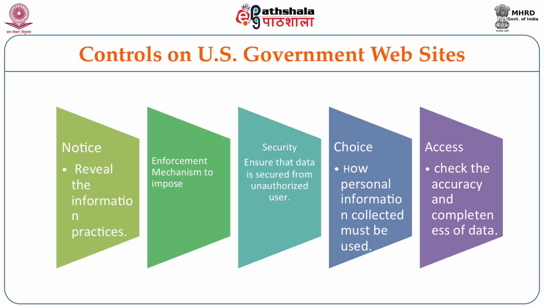Access says consumers can always check the accuracy and completeness of the data collected. Then comes security. Data collectors must take reasonable steps to ensure that information collected from consumers is accurate and secure from unauthorized use. Enforcement says a reliable mechanism must be in place to impose sanctions for non-compliance with these fair information practices.